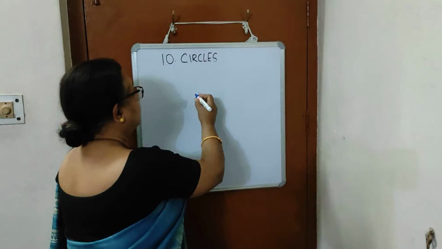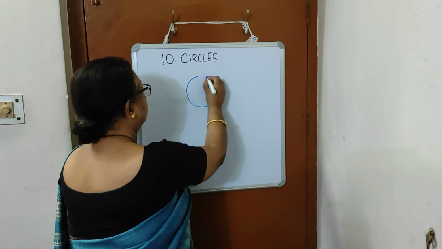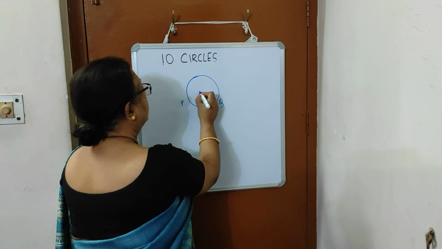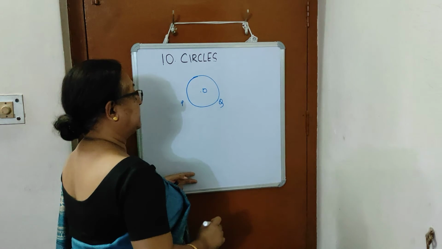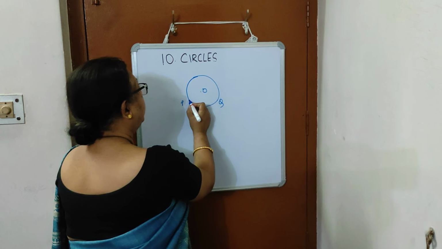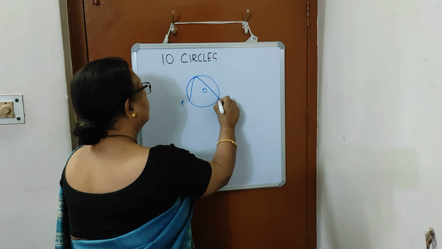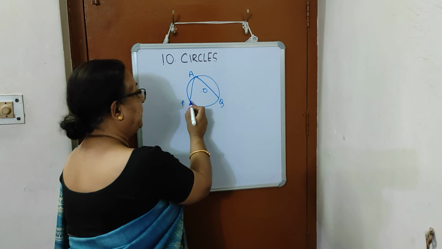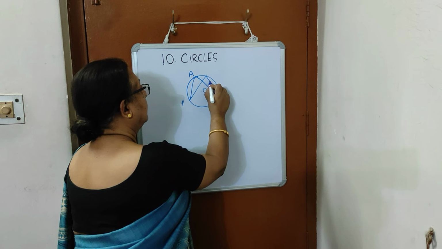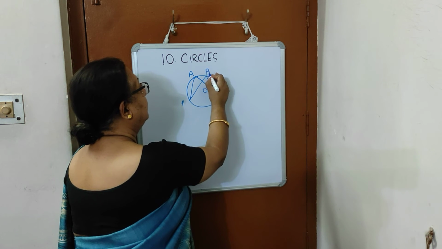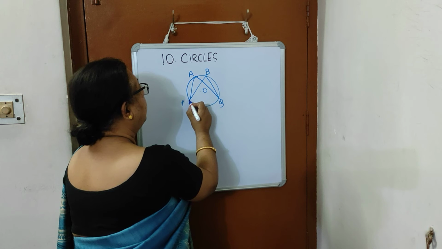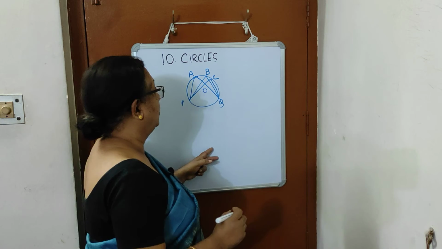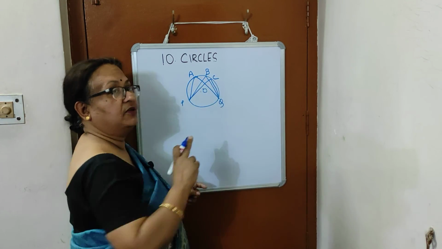Okay children, next, suppose we have a circle, this arc PQ, and the center of the circle. Now, this arc PQ makes this angle here, suppose this is A. The same arc PQ makes this angle. The same arc PQ can make another angle. So all these angles will be equal.